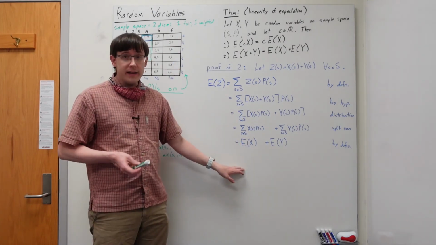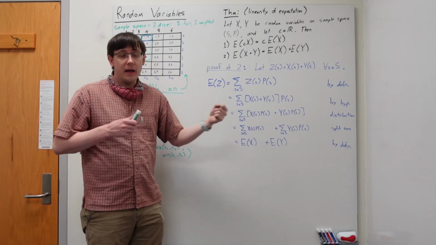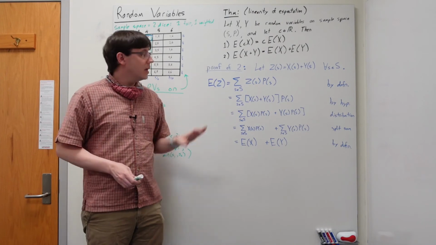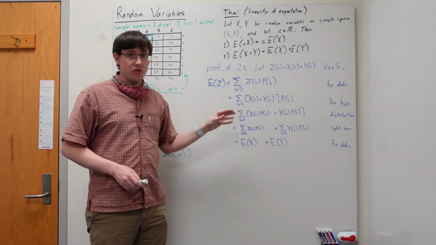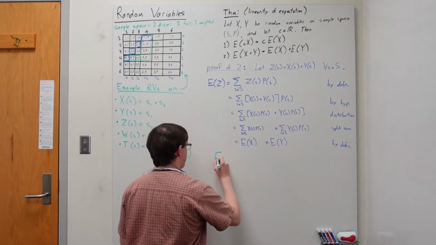Of note, I did not anywhere in this proof rely on x and y being dependent or independent random variables. Linearity of expectation holds for any two random variables.